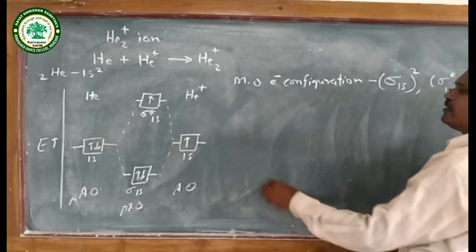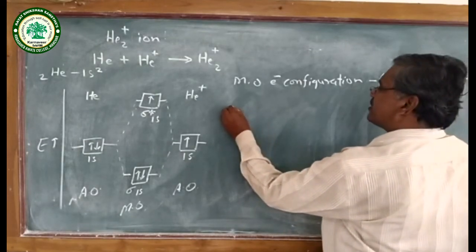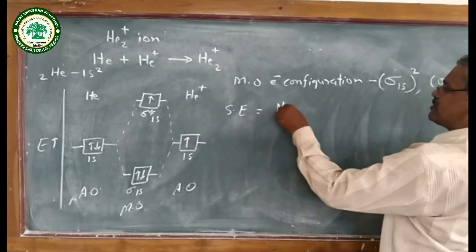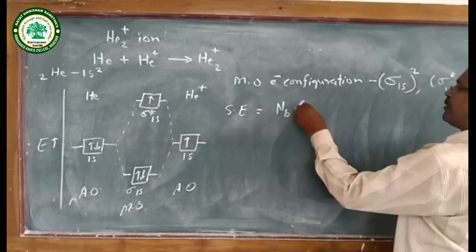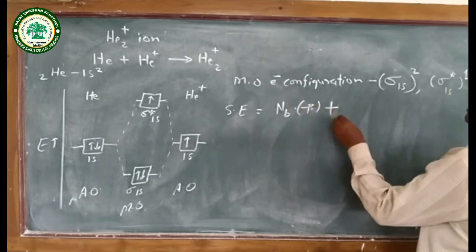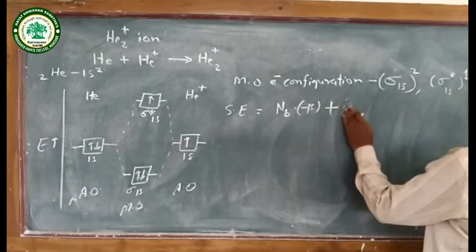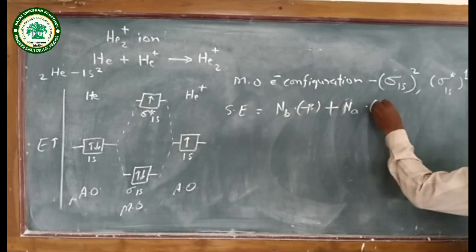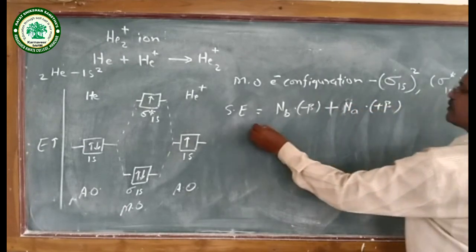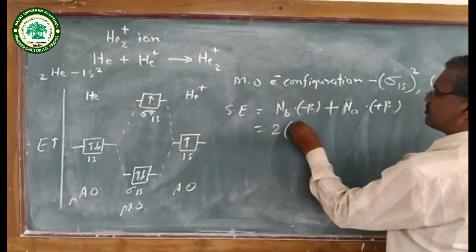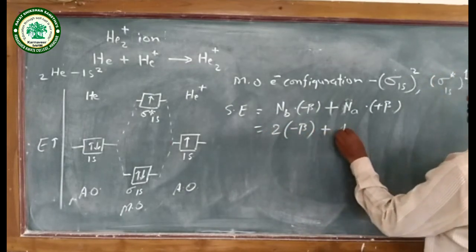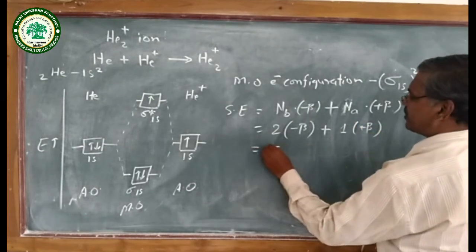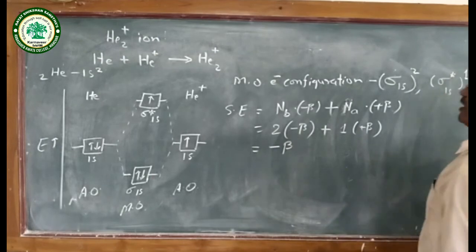We can calculate the stabilization energy. It is number of electrons in bonding molecular orbital multiplied by minus beta plus number of electrons in antibonding molecular orbital into plus beta. So 2 into minus beta plus 1 into plus beta, and therefore the stabilization energy is minus beta.